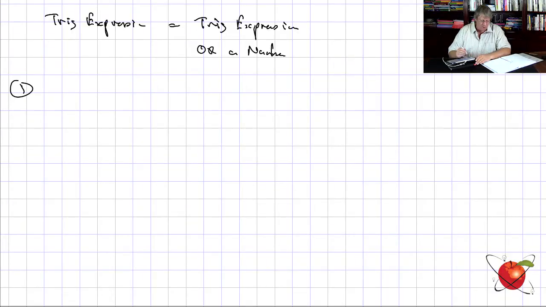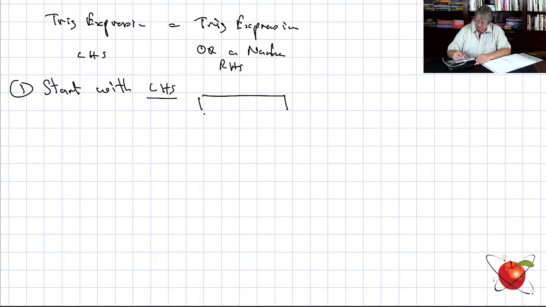Well, first of all, we're going to try and put a basic recipe together. Look for number 1. I am going to call this left-hand side and right-hand side. Number 1, start with the left-hand side, and put down your expression over there for the left-hand side.